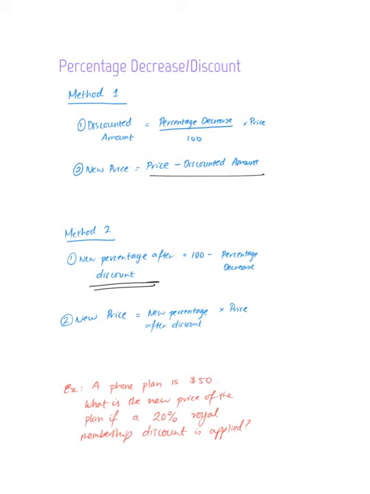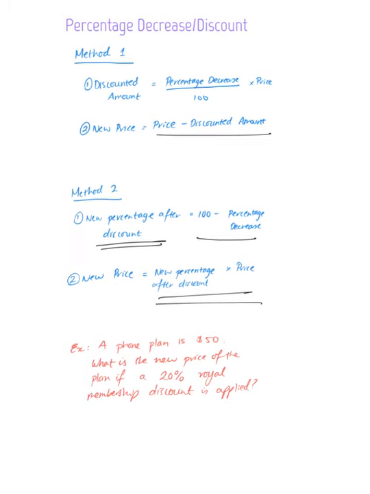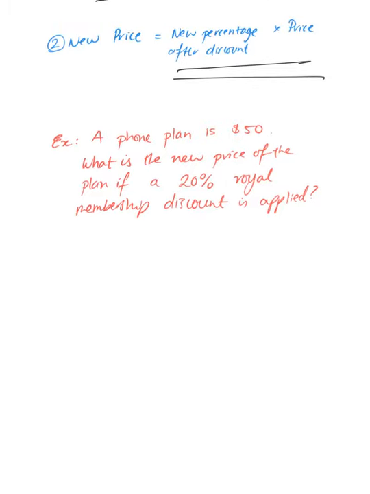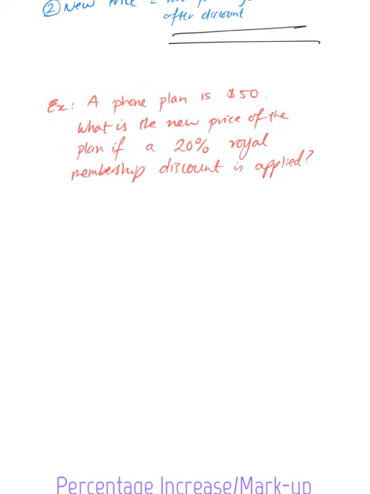So what percentage of the item retains its original value? And to do this, we take away the percentage decrease from 100. And to find the new price, we have a look at the new percentage after discount and multiply that by the price. I will tackle the following example using the two methods, and you are more than welcome to pick and choose which method you want to use.